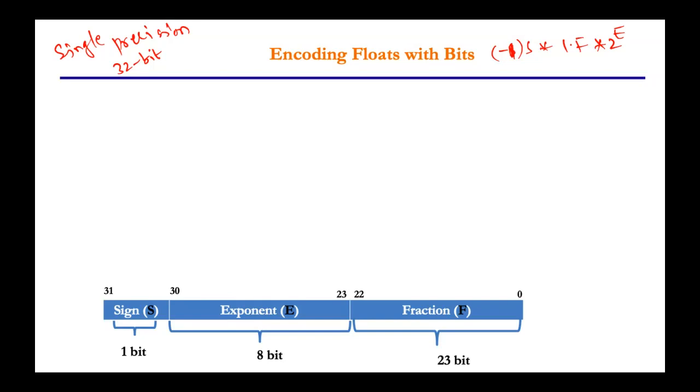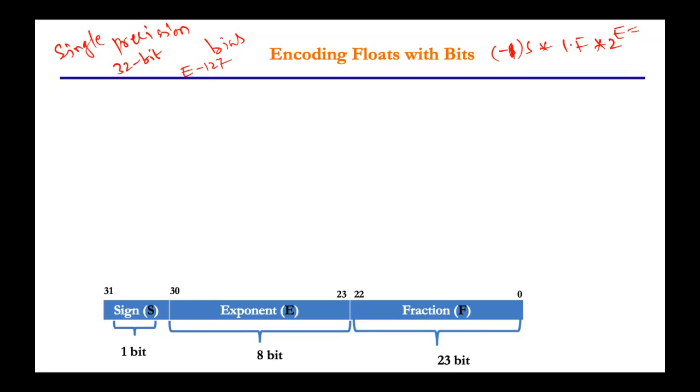Here this exponent part uses a bias. So what is this bias? The exponent bias for 32 bit is represented as E minus 127.